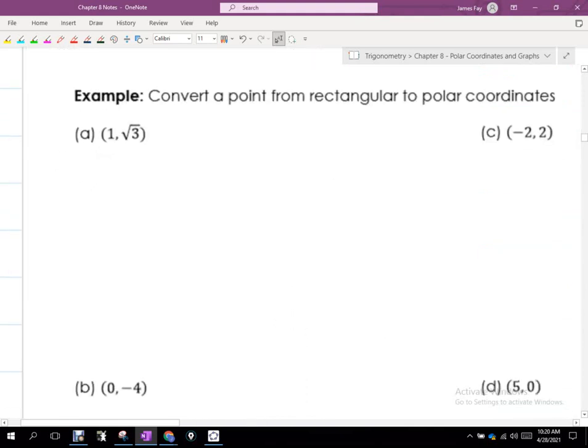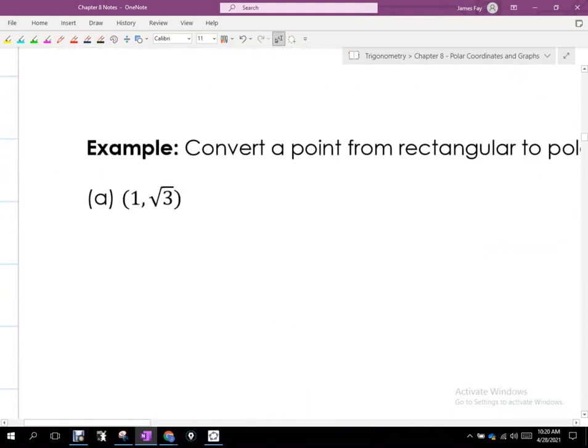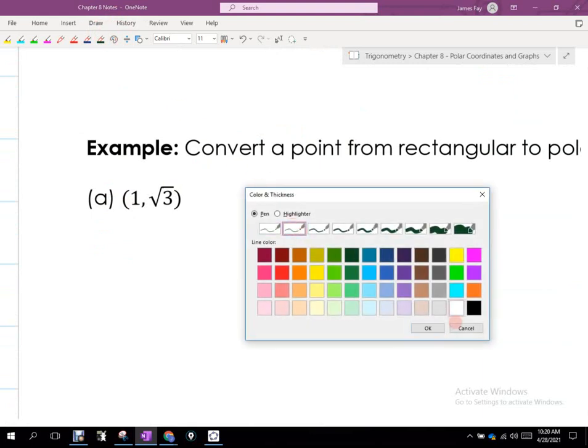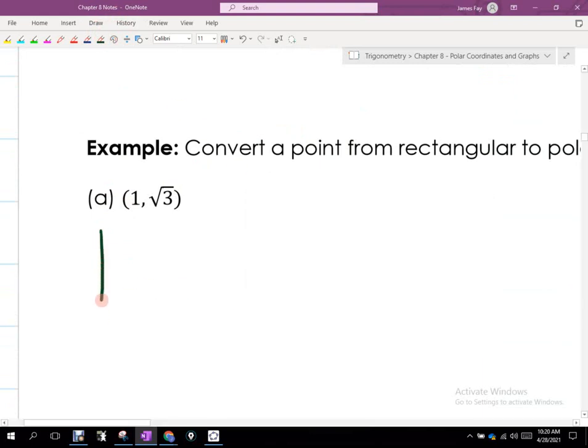So if I want to do 1, radical 3, that is in rectangular form. So what that means to me is we have the point. Okay, radical 3 is about 1.7-ish. So if I'm trying to find that point right there, we can go right 1, up radical 3, no problem.